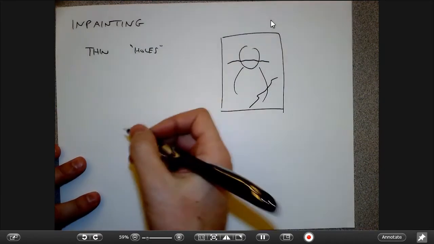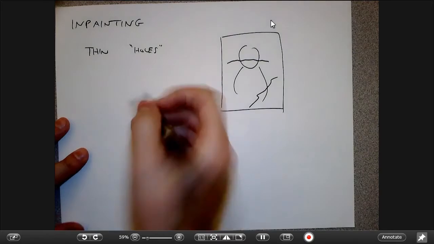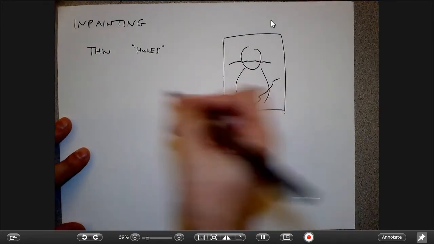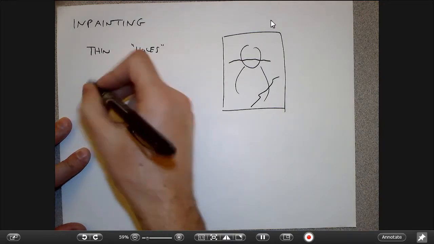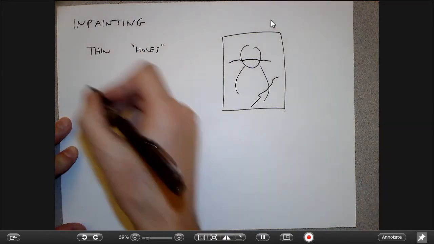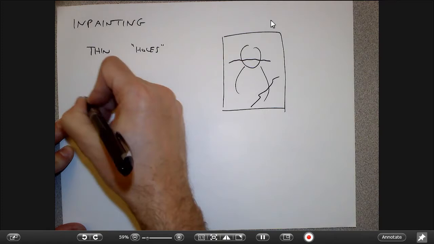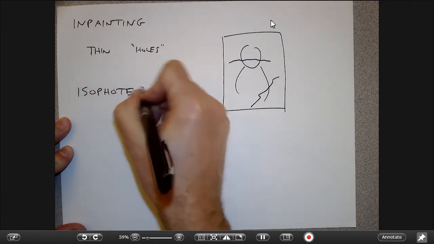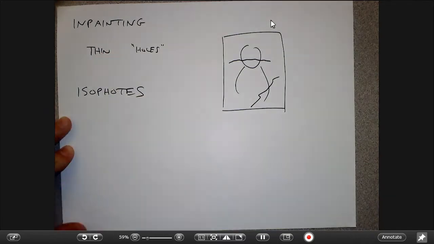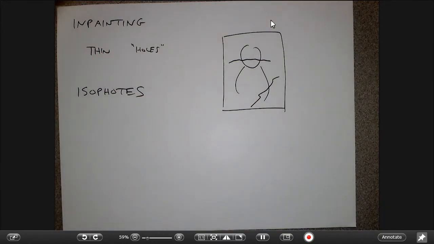So the idea is pretty simple conceptually. We have a concept called an isophote. Iso means same and phote means color, more or less. So we are looking at regions of the image where the color is the same.